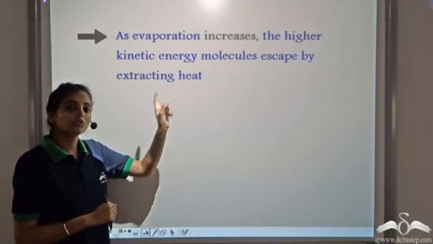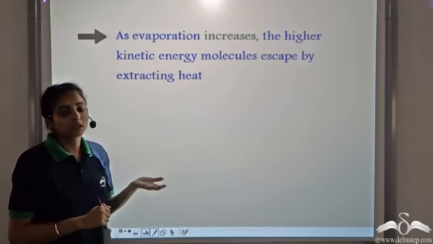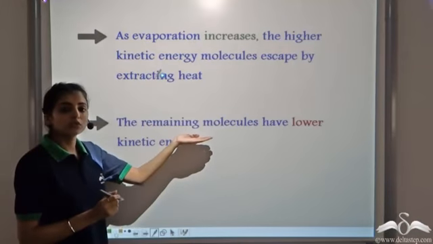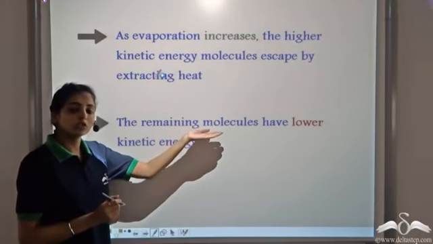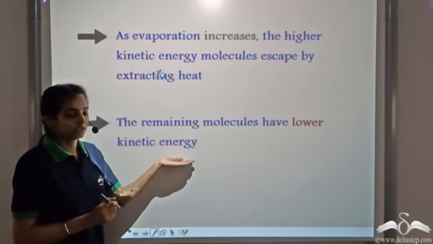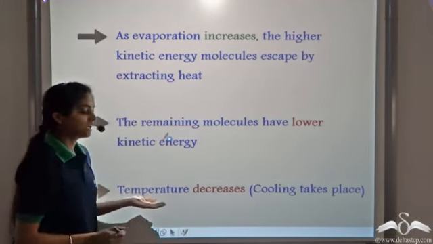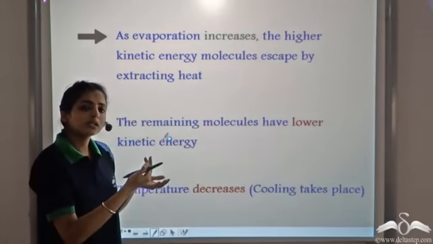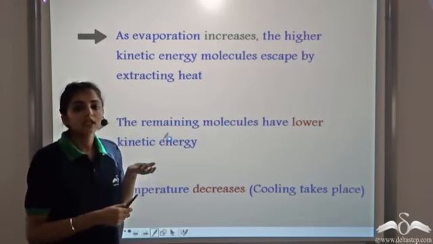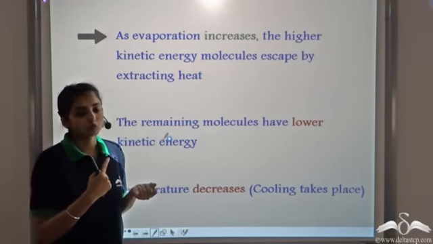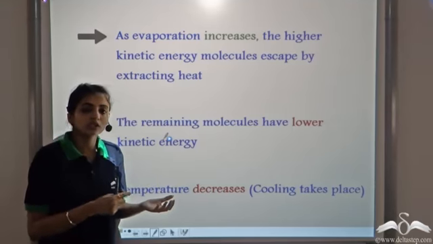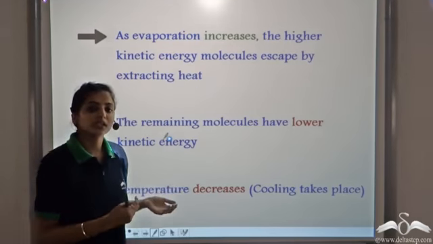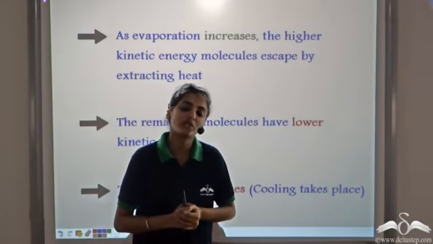This heat is extracted from the surroundings and from the remaining water. That is why the remaining water molecules now have lower kinetic energy. This means they have lower temperature and that is why they are cooler. So the water which is left behind is cooler. That is why water kept in an earthen pot remains cooler during summers.